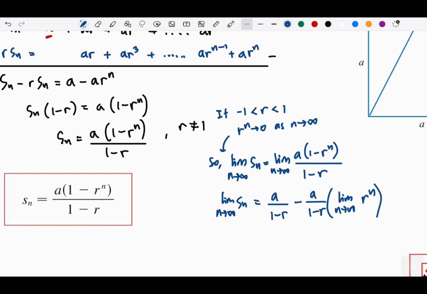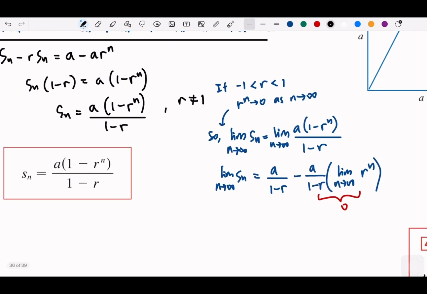I've just factorized the a over 1 minus r, and since this part will be 0, the limit is a over 1 minus r.